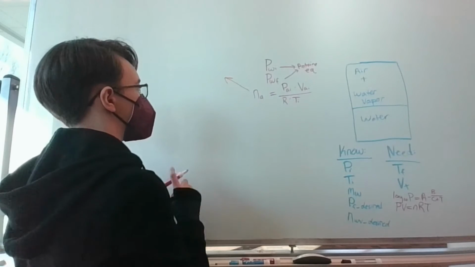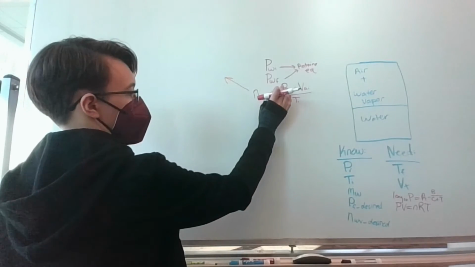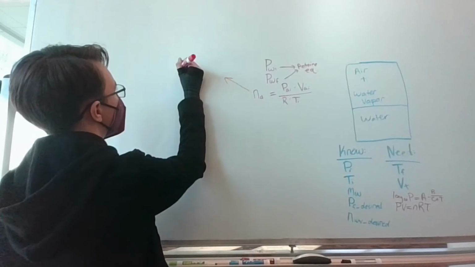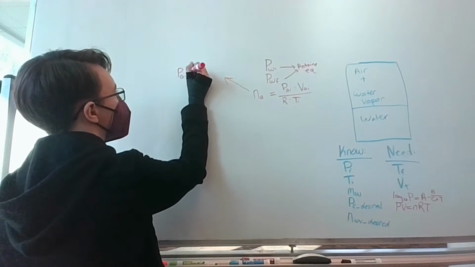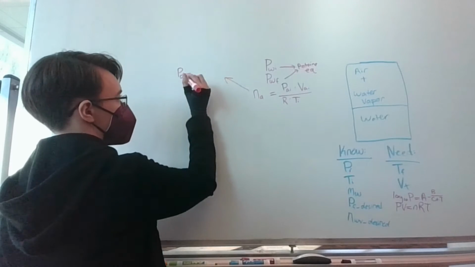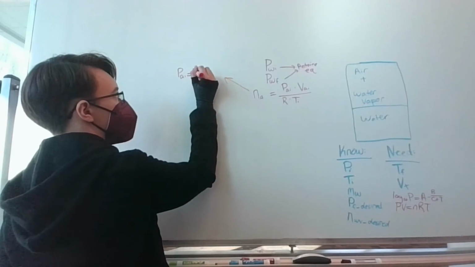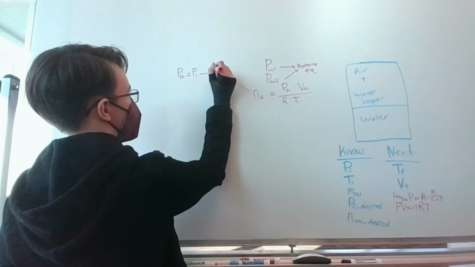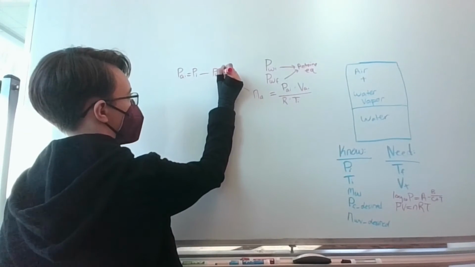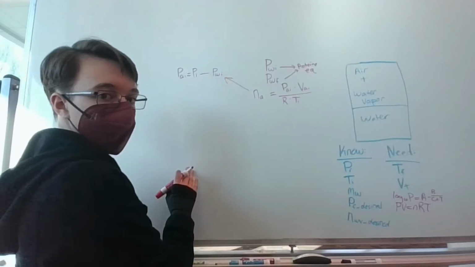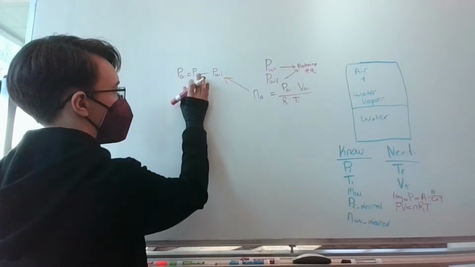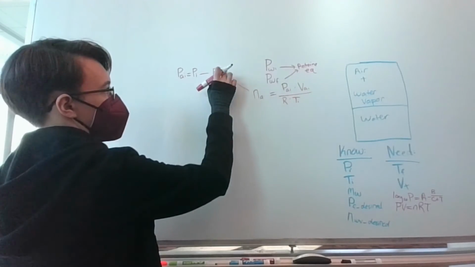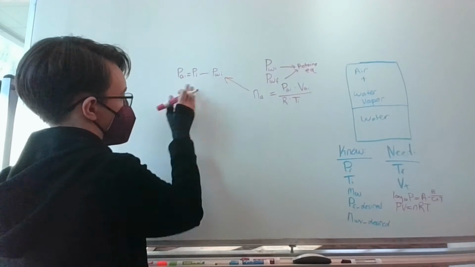So we're going to take the partial pressure of the air is going to be equal to the total initial pressure minus the partial pressure of the water initially. So you'll notice we have the values to solve this. Got the initial total pressure, and we've already decided how we can find out the partial pressure of the water. So we're all good there.